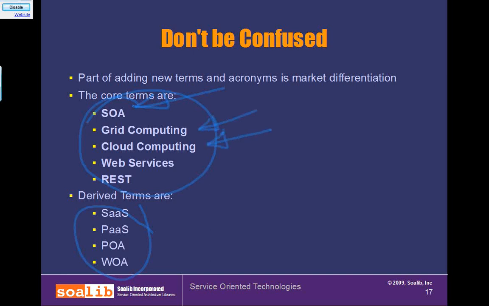Cloud computing is a composition of SOA and grid computing. Web services is a specification, and REST is a model to develop software. SaaS is derived from these. PaaS is derived from many of these. And web-oriented architecture is simply limiting service-oriented architecture to the web and REST protocol.